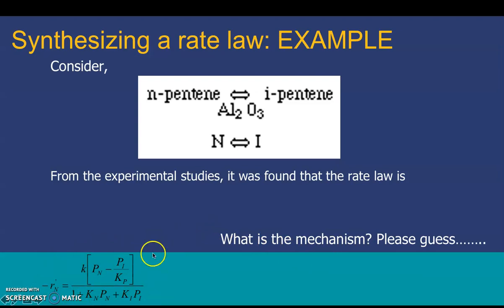However, in order for you to derive this overall rate law, you need to consider all three steps: the absorption, surface reaction, and also desorption. We only have reviewed the absorption part.